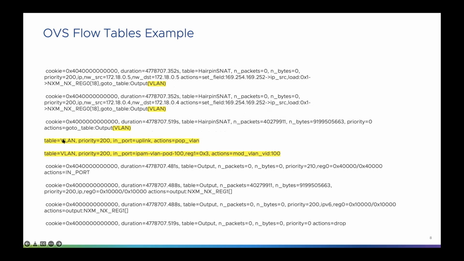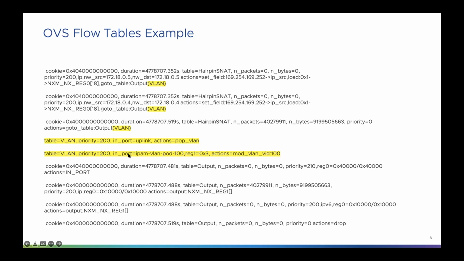And we add some flows in the VLAN table to process it, such as if the input is uplink, we can believe the output port is not uplink, so it's an access port, so we can just pop the VLAN.